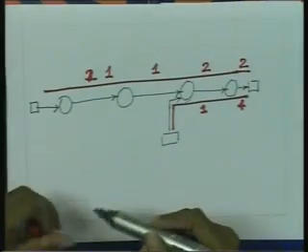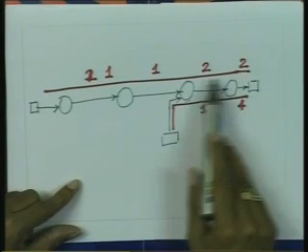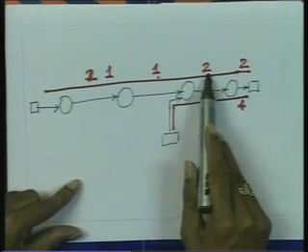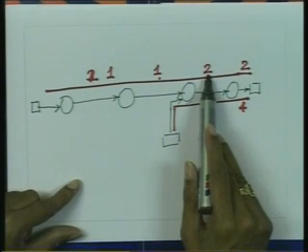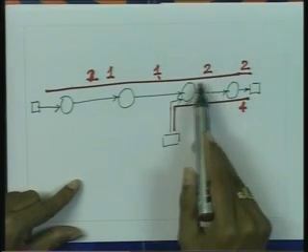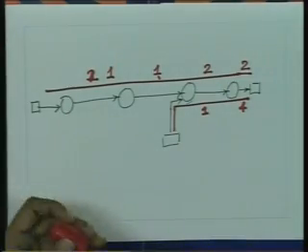So the same virtual circuit may have virtual circuit identifier number 1 here and number 2 here. So this VCI is swapped from 1 to 2 on this link. In other words, we can reuse the virtual circuit identifier space on different links by doing some kind of VCI swapping.